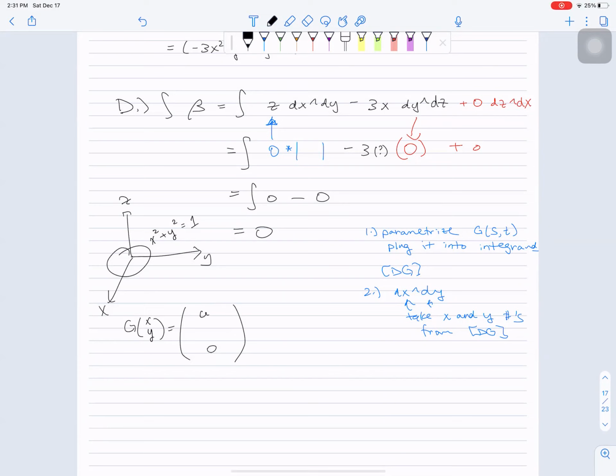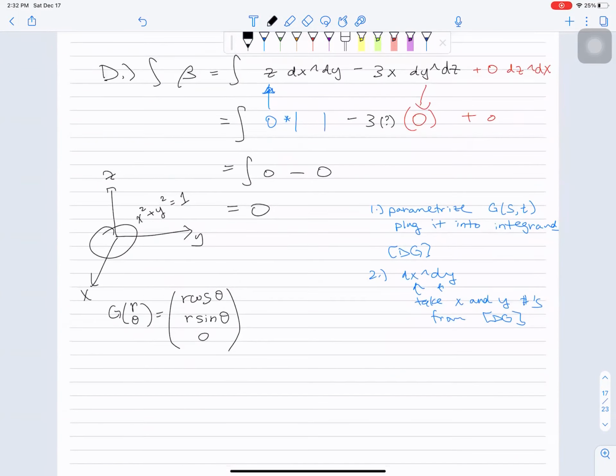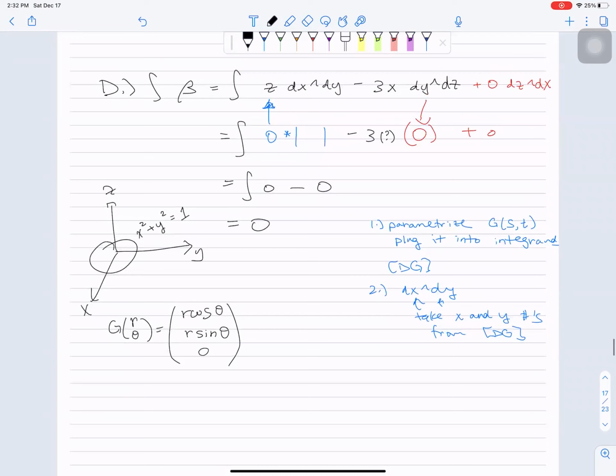I would say it's r cosine theta, r sine theta, where r would be essentially 1.